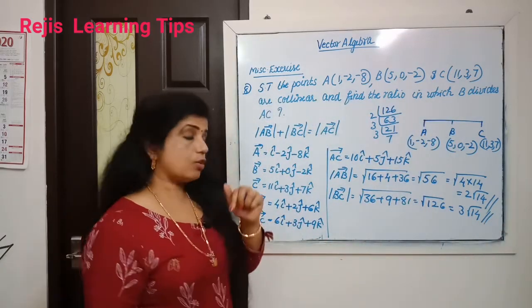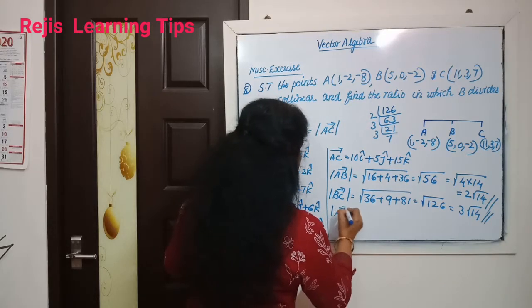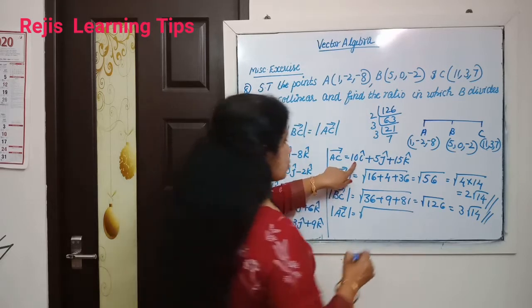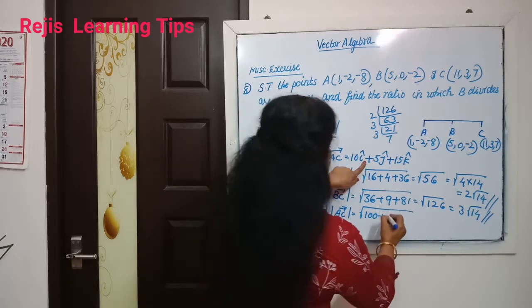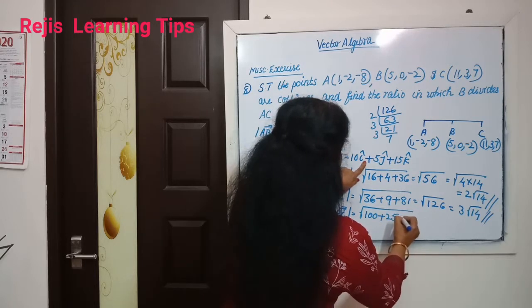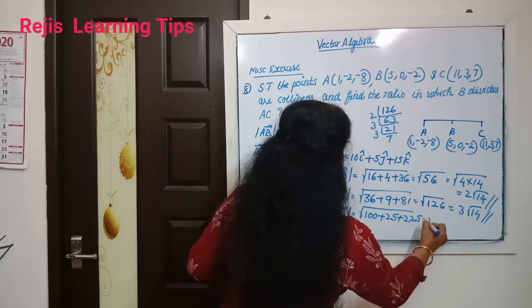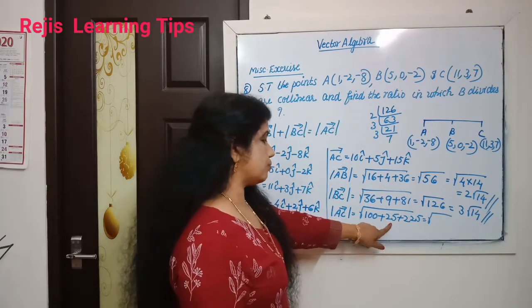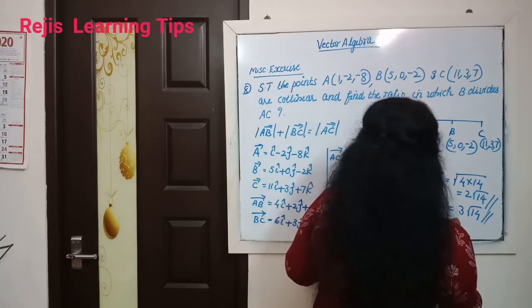Next we should find magnitude of vector AC. Magnitude of vector AC is equal to root of 10 square that is 100, plus 5 square that is 25, plus 15 square that is 225. Then root of 225 plus 25 is 250, 250 plus 100 is 350.